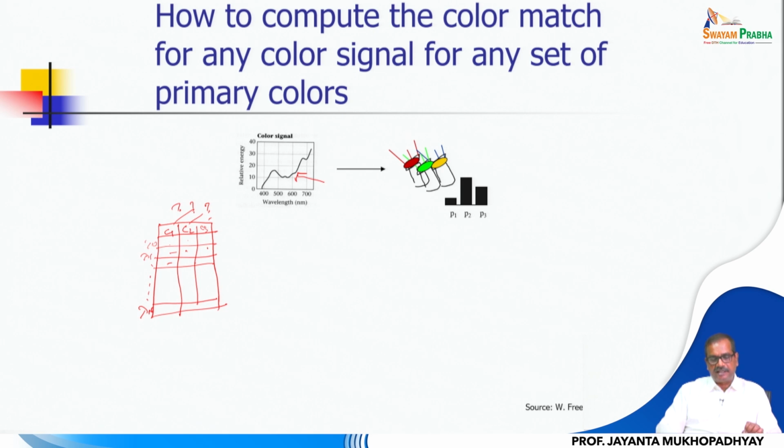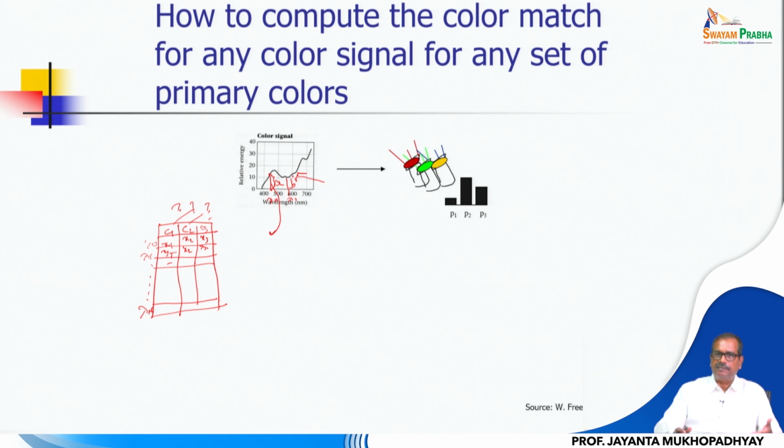So in this case, suppose this is lambda naught and this is lambda 1. Lambda naught will produce x1, x2, x3, and lambda 1 will produce y1, y2, y3, and these are the relative coefficients. So this is A and this is B. It shows the spectral amount of energy it has.